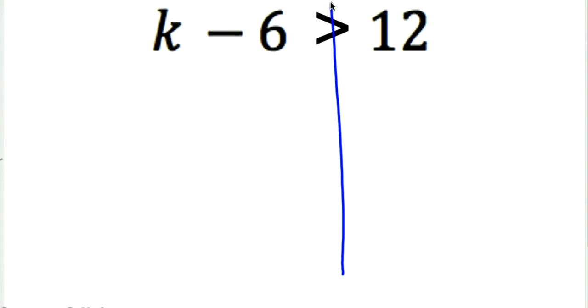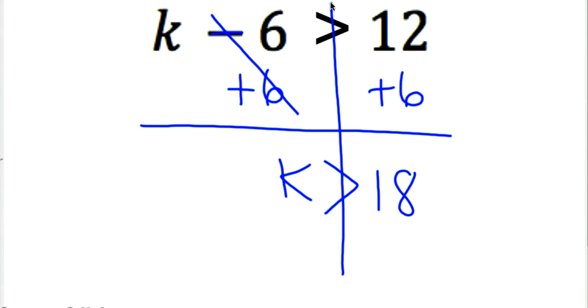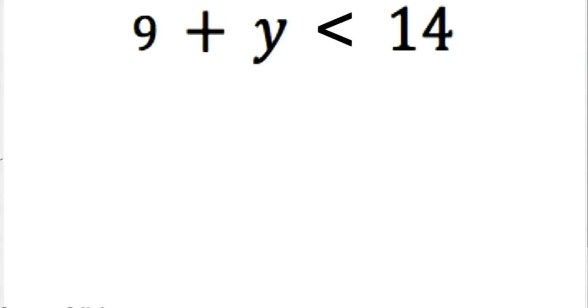Drawing my vertical line, the opposite of negative 6 or subtract 6 is positive or add 6. My negative 6 and my positive 6 cancel, so I'm left with K. My inequality symbol of greater than is going to be brought down, and 12 plus 6 is 18. So K is greater than 18.